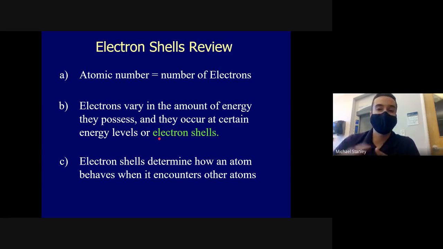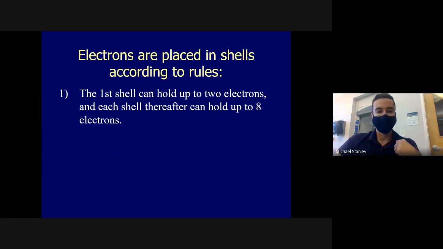So how many electrons an atom has on its shells is going to determine how that atom reacts with other atoms. So today we're really going to look at how these electrons interact with each other when different atoms come together. So we mentioned some rules about electrons and how they are organized that some people remembered for the question on Monday and some people had a little bit of trouble with.